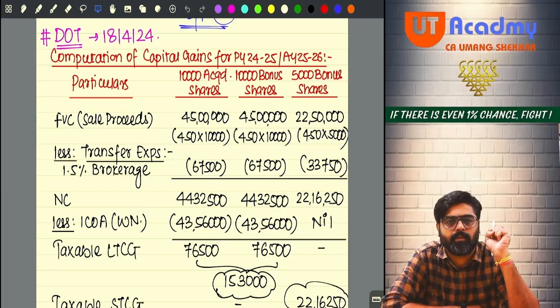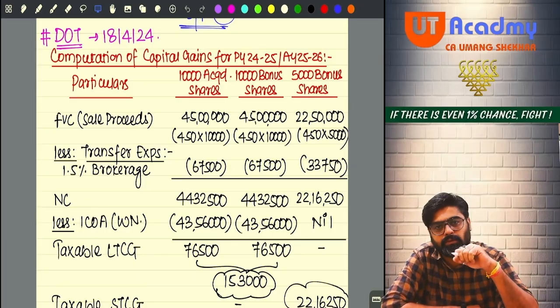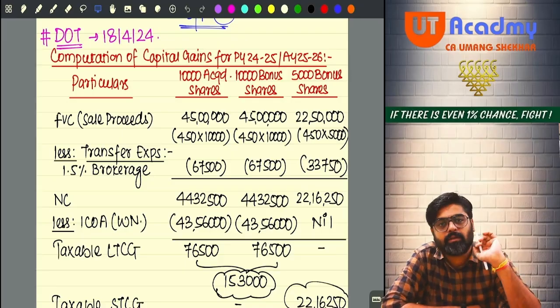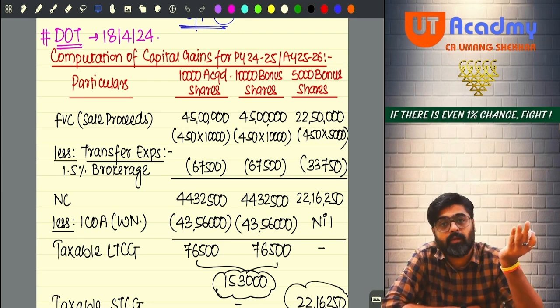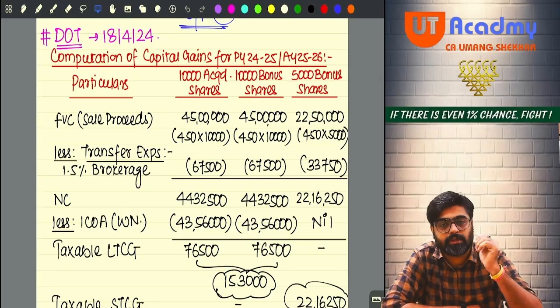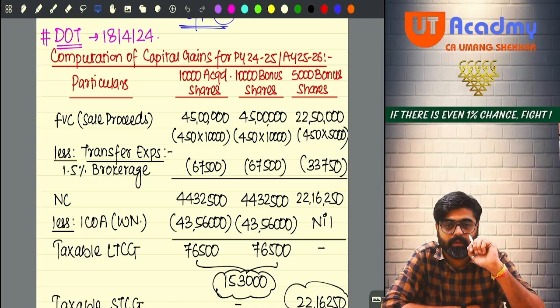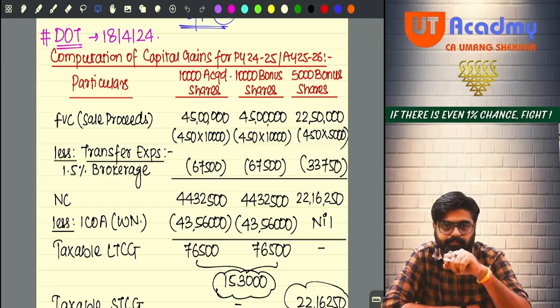You are not acquiring all these 25,000 shares together. 10,000 shares you are buying, then another 10,000 shares you are receiving as bonus shares. Once more 5,000 shares are received by you as bonus shares.